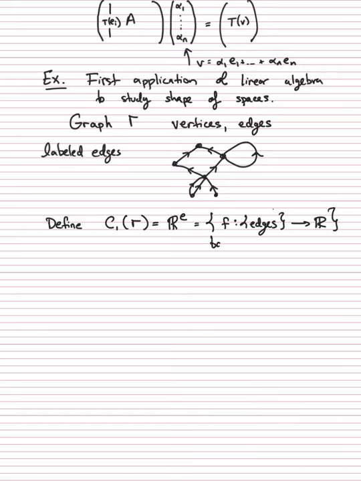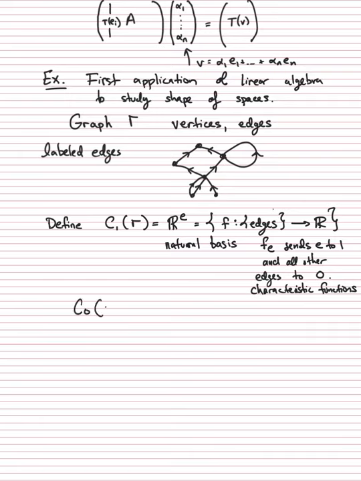A natural basis consists of the function, which I'll call Fe, which sends a certain edge e to 1 and all other edges to 0. So this is obviously going to be a basis. We call these the characteristic functions, not that that's too important.